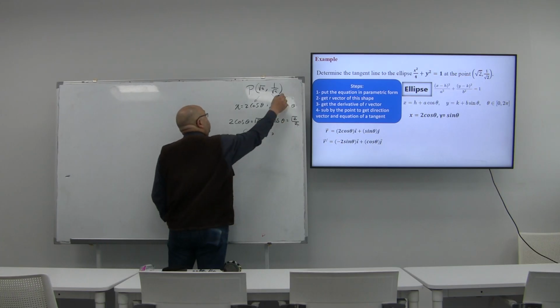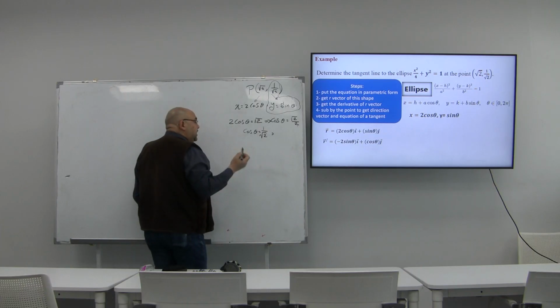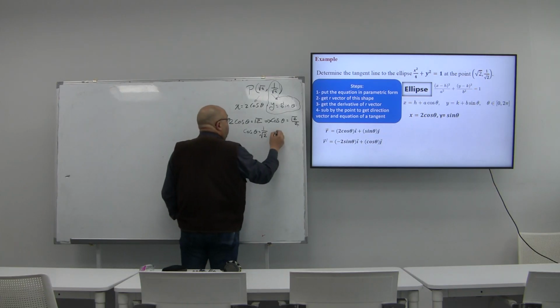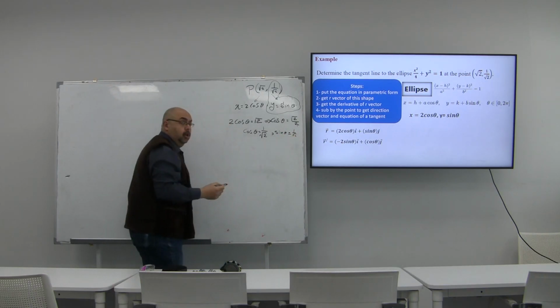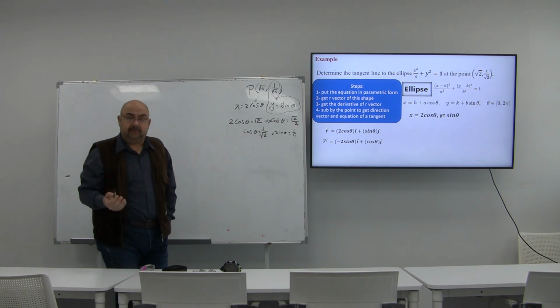In the same way with the y component, sine theta equals 1 over root 2. I'm associating a triangle where both the cosine and sine are 1 over root 2, which is 45 degrees.